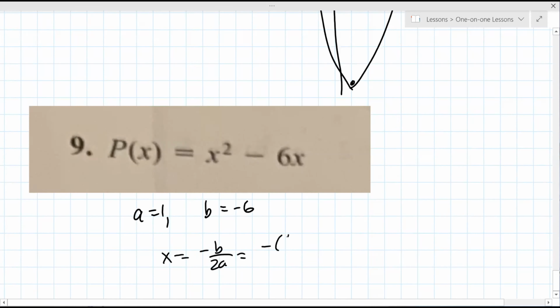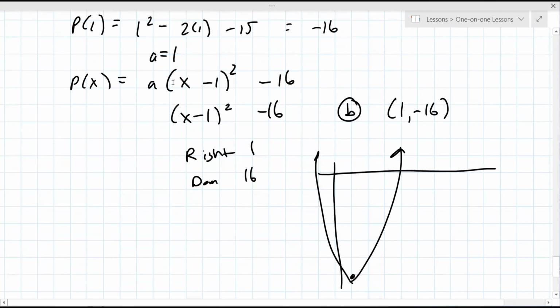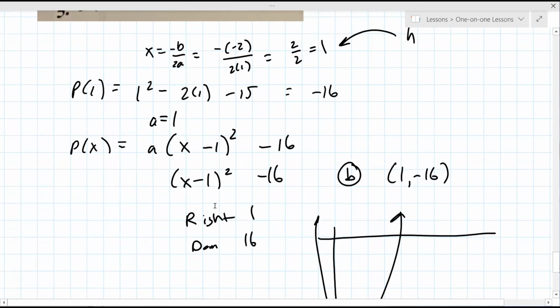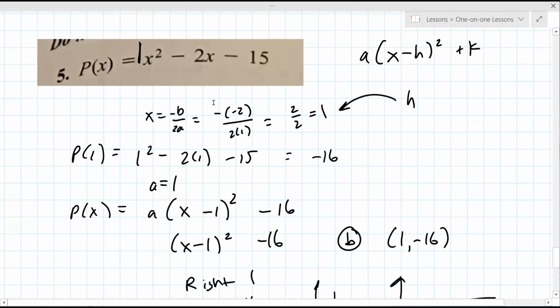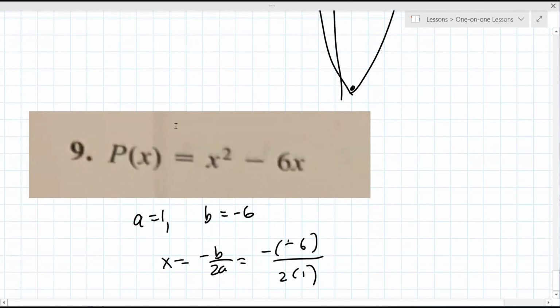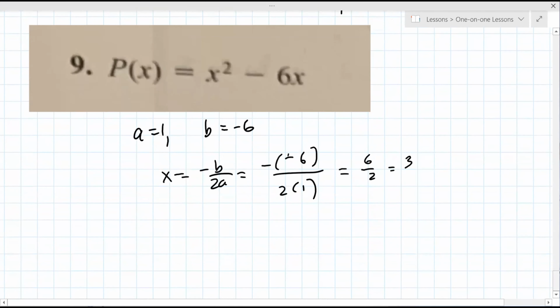Do we do that for number 5 because we got 2 over 1? It was. Oh no! Now I see it. It's minus b over 2a, and it worked out. So this one ends up being 6 over 2, which is 3. And then you got to put that number back in. You got to find p of 3. So do that for me, please.